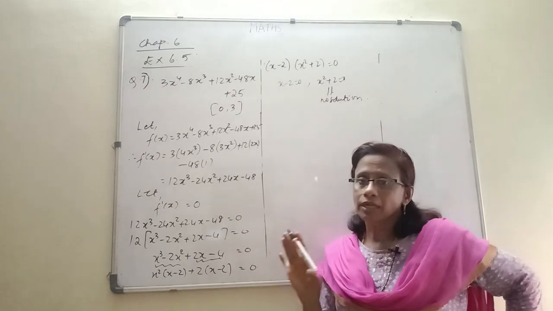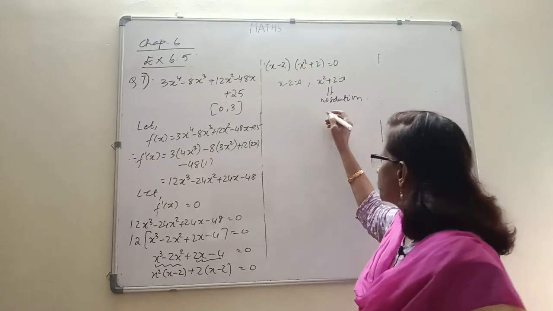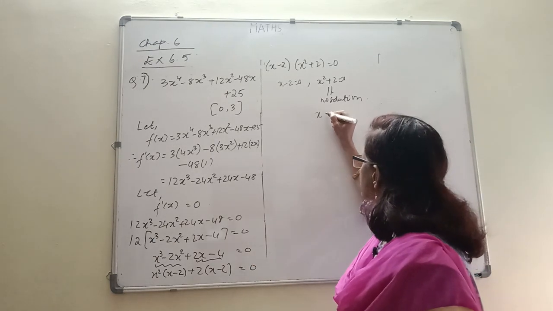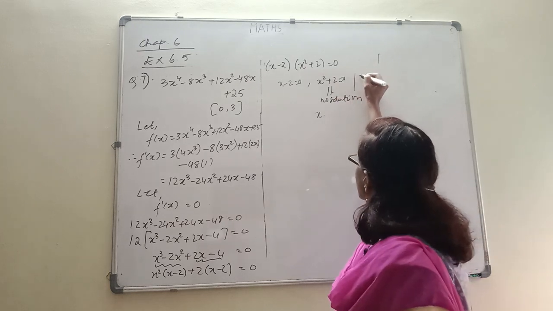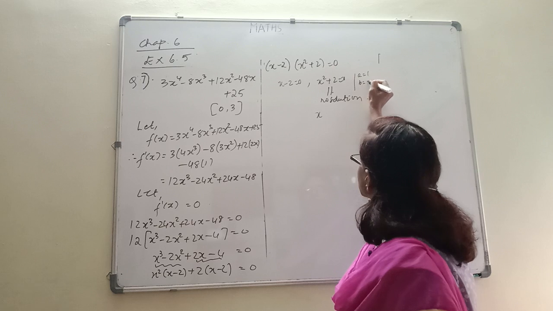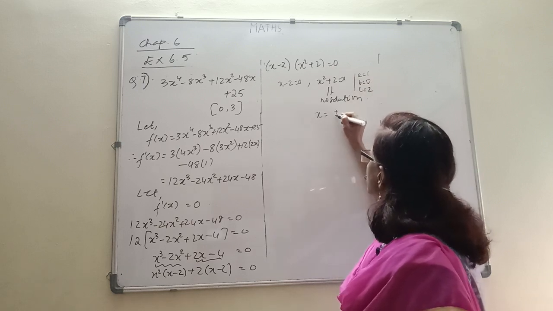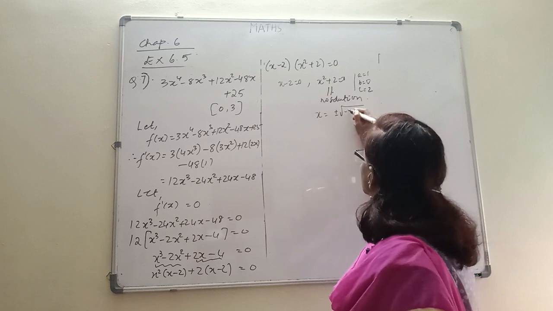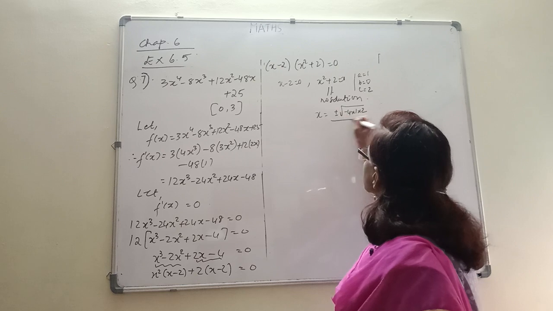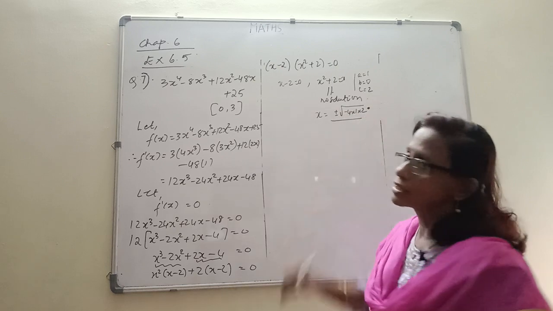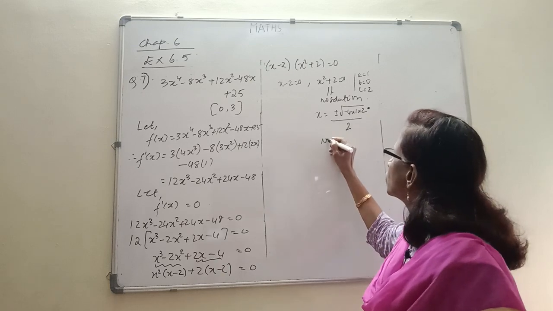Here a is 1, b is 0, and c is 2. So minus b and b squared we need not be bothered about, minus 4ac: 4ac is 4 times 1 times 2. That itself gives a negative root. This is the problem. You will not get an answer here. 2a means it's 2. So no real solution.